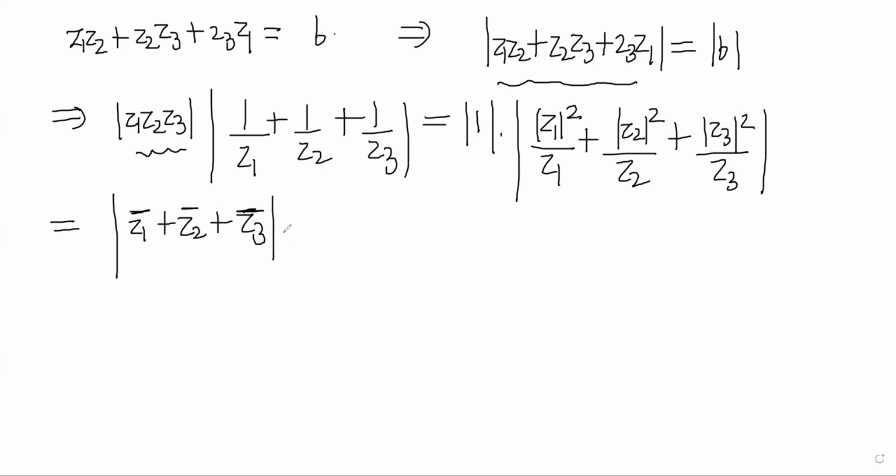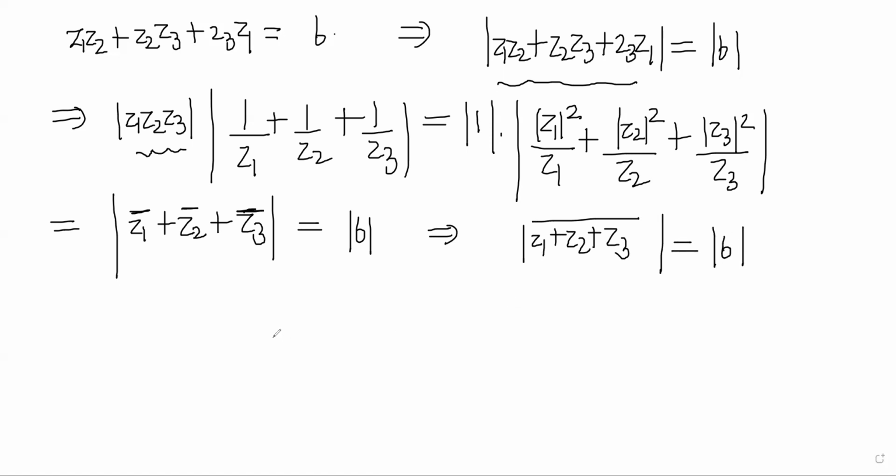Now we are getting this condition here. So this is equal to mod b, which means mod of z1 plus z2 plus z3 whole conjugate is mod b, right? Now we know that the modulus of a conjugate is unchanged, we know that z modulus is equal to z conjugate modulus, right?